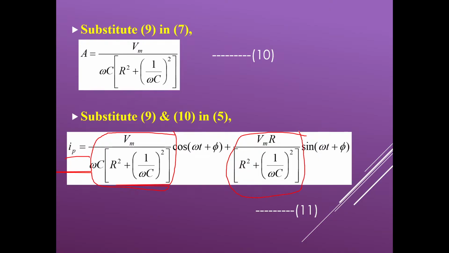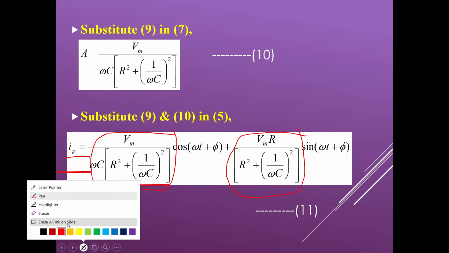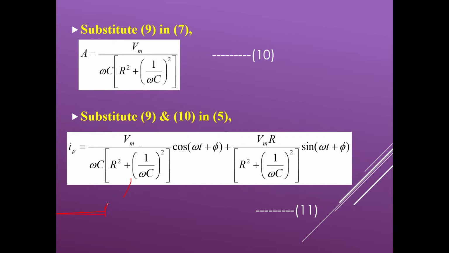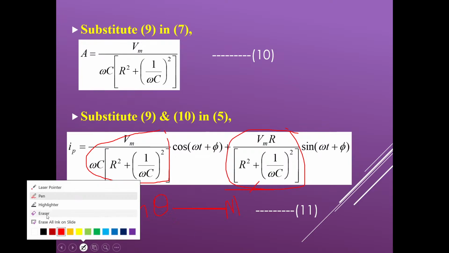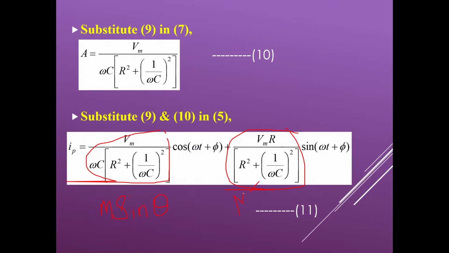To make the equation simple, we can replace this whole term with some notation, m sine theta, and this whole term can be replaced with some other term, m cos theta.